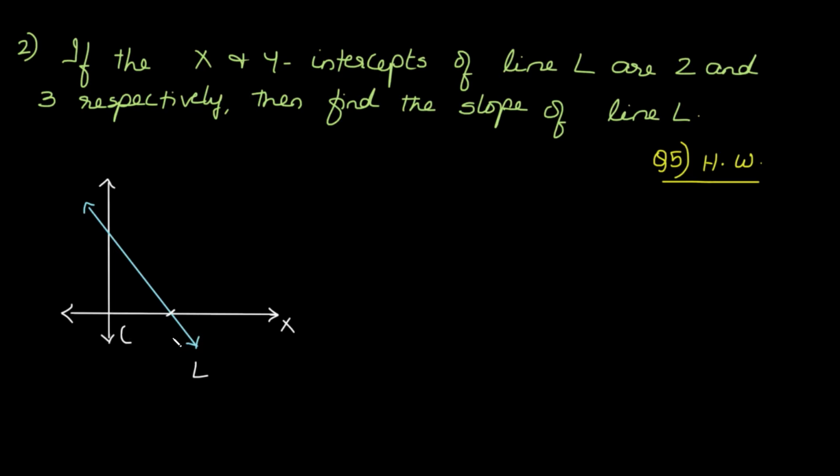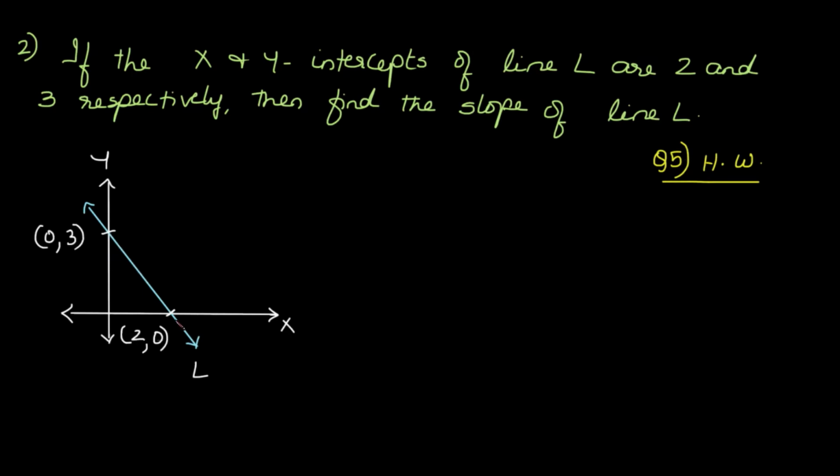I'm sorry, it is 2, 0. X coordinate always first, so 2, 0. Similarly, suppose line L touches the y-axis at 3. The y-intercept is given as 3. That means the line L touches the y-axis at this point, that is 0, 3.